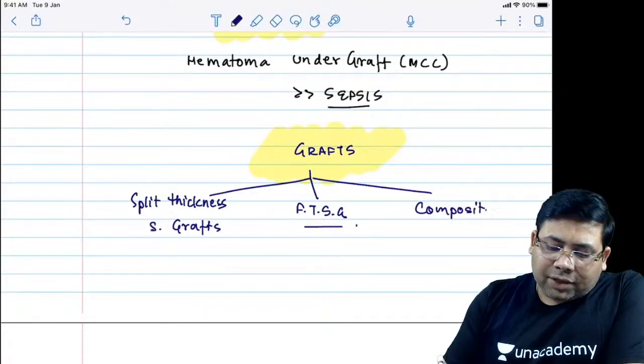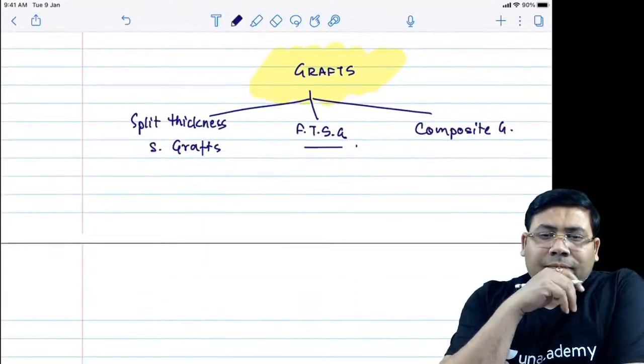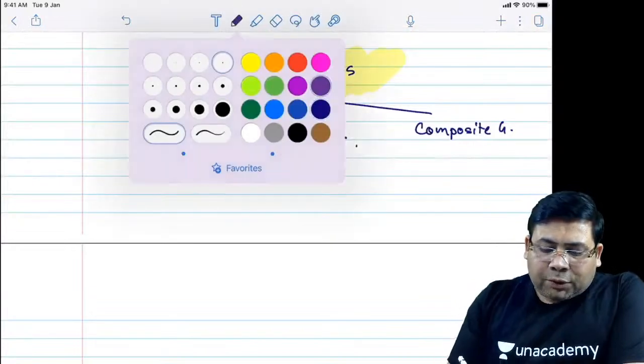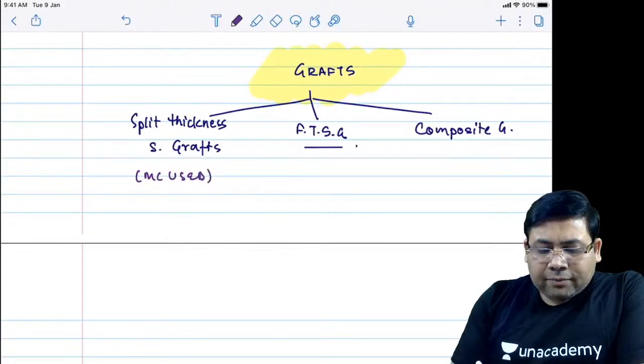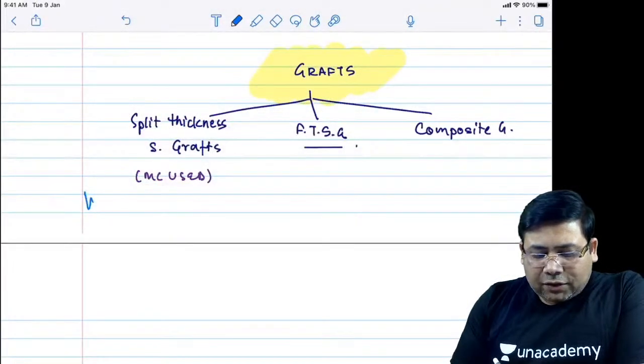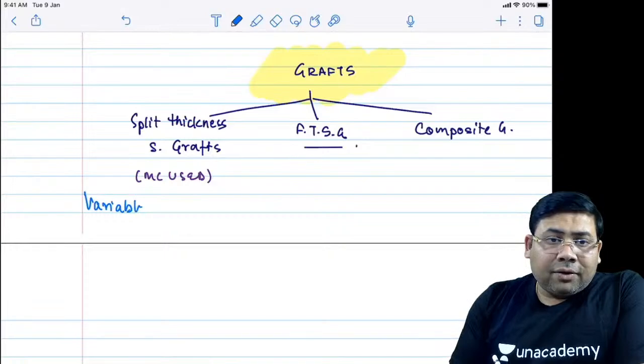Split thickness grafts are most commonly used, and here a variable thickness of the skin is used.